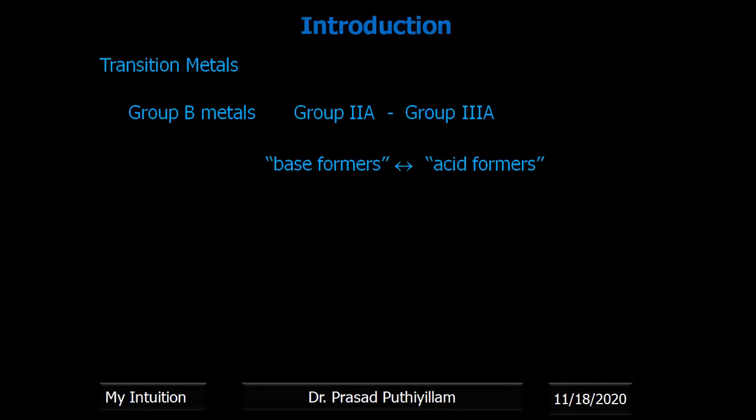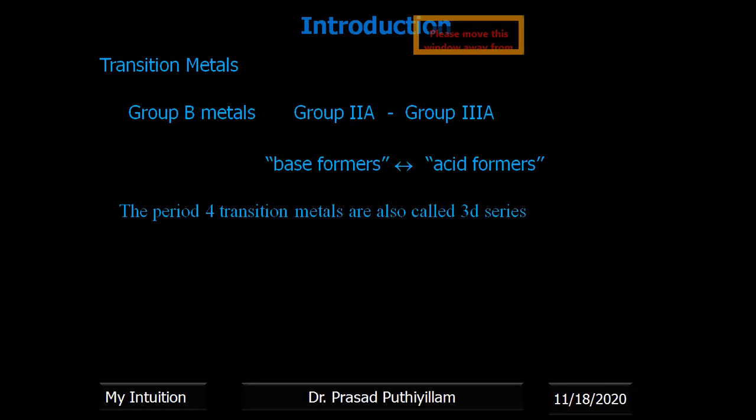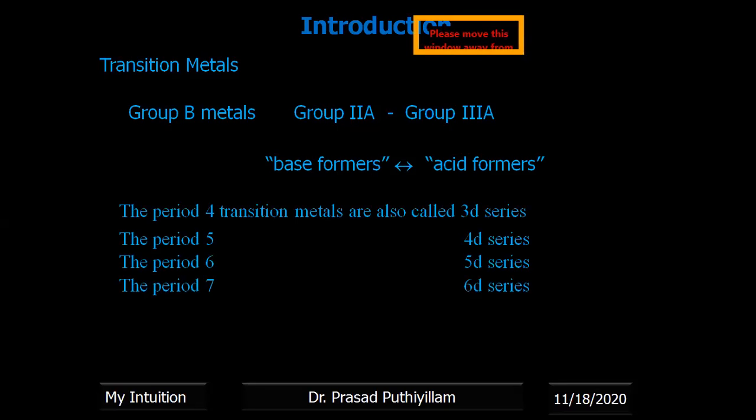The compounds formed between those elements become acidic in nature. So the period 4 transition metals are called the 3d series. Period 5 they are called the 4d series, period 6 the 5d series, and period 7 the 6d series.